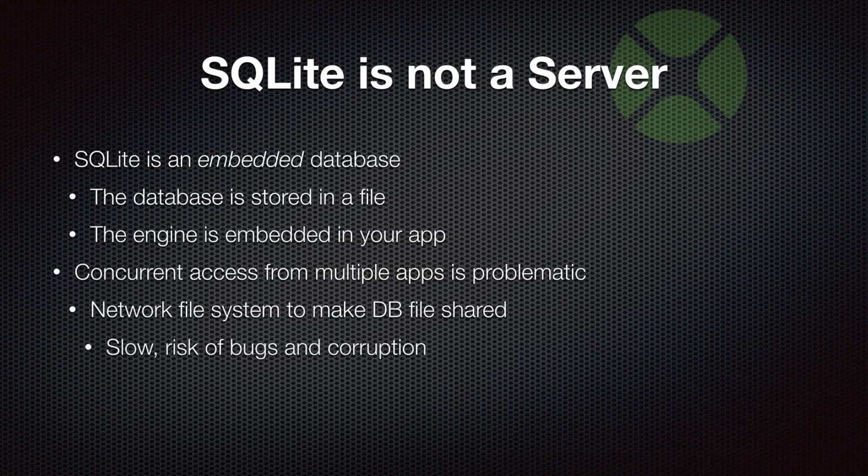This has a problem of often being rather slow. But it also has the problem of a big risk of bugs, and then possibly even data corruption. Network filing systems are not as reliable as the filing systems that are running locally on your main computers. They all behave a little bit differently, and they can have their issues.